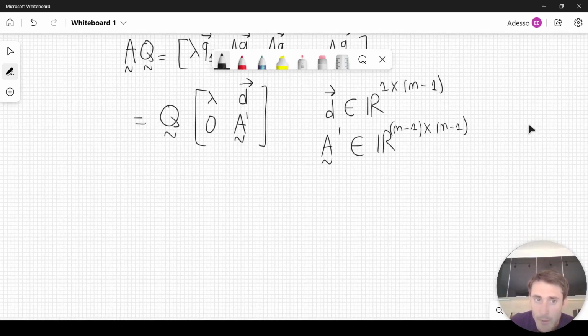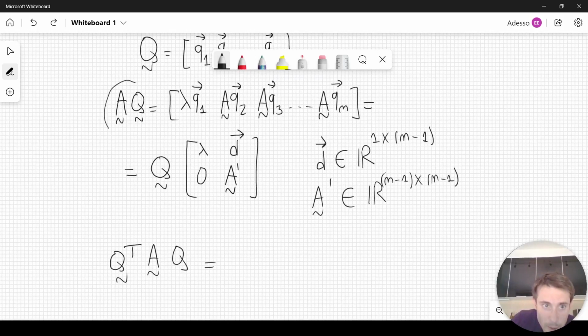Now, since the matrix Q here is orthonormal by construction, because we are using the orthonormal basis Q1, Qn, then we can also write Q transpose A Q equal to the following matrix here, because basically when we multiply this matrix AQ by Q transpose on the left, here we have Q transpose times Q, and that's equal to the identity matrix because Q is orthogonal.